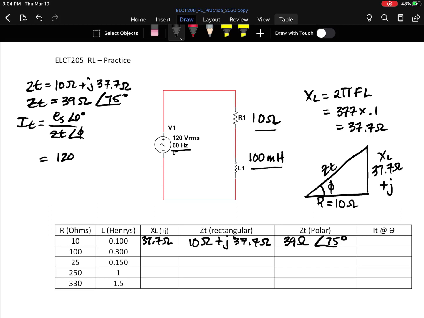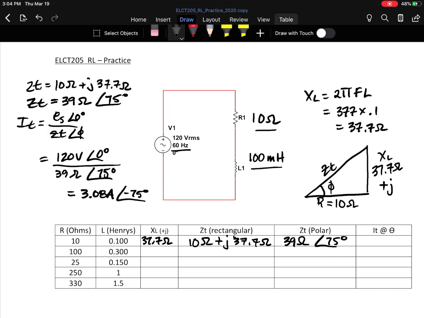So if I put this in, 120 volts at 0 degrees divided by 39 ohms at 75 degrees, I'm going to get a result of 120 divided by 39, which is 3.08 amps, and the angle will be equal and opposite to 75 degrees. 0 degrees minus 75 degrees gives us minus 75 degrees.